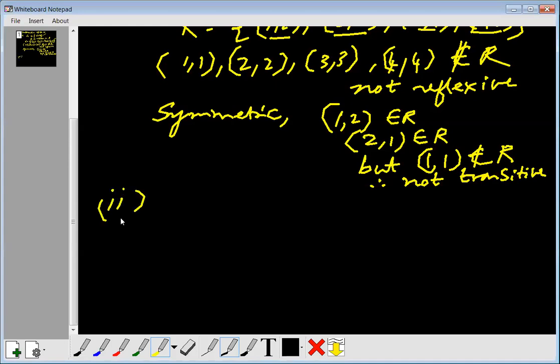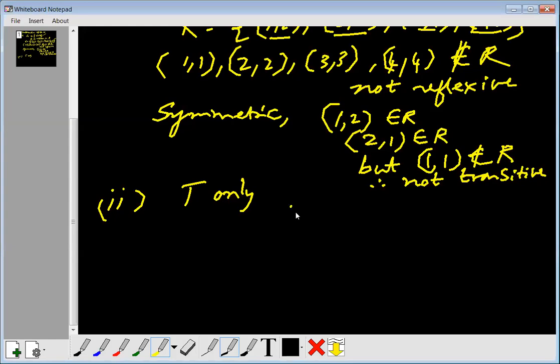So question number 2 of 10. Transitive but neither reflexive nor symmetric. So T only. In order to have T only, consider something very similar. You can have one more element, 5 also.